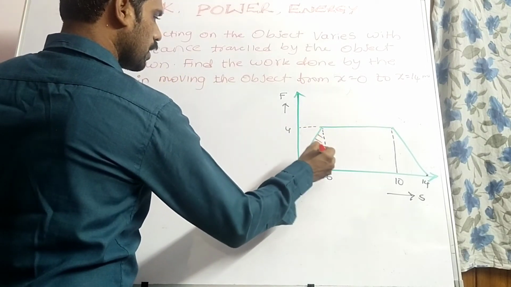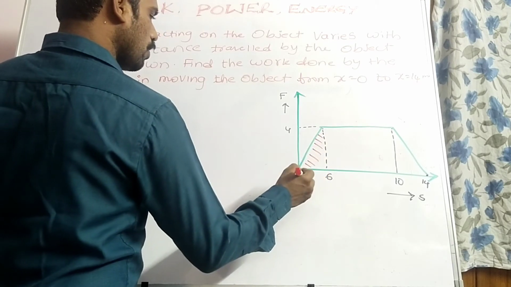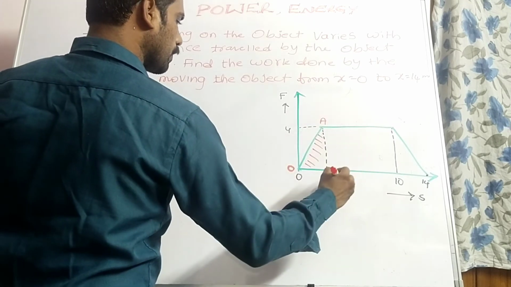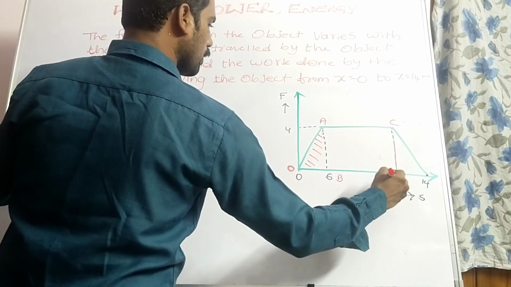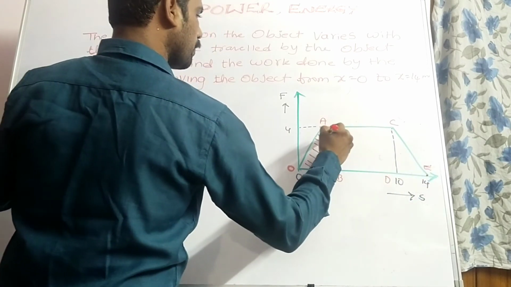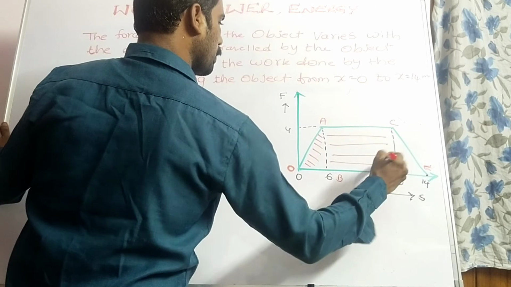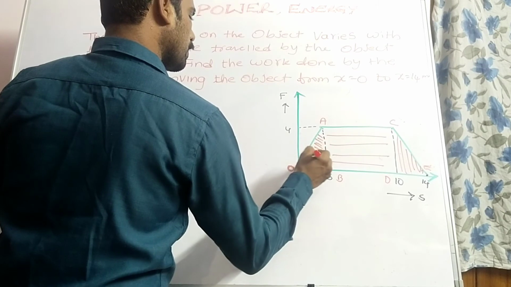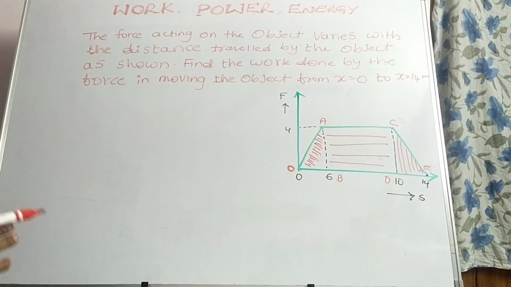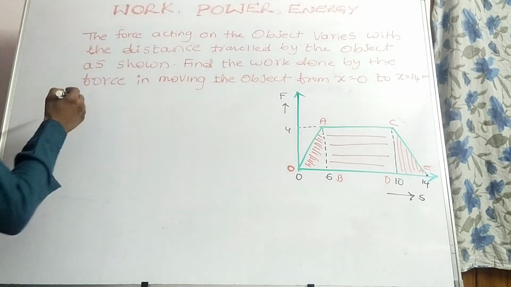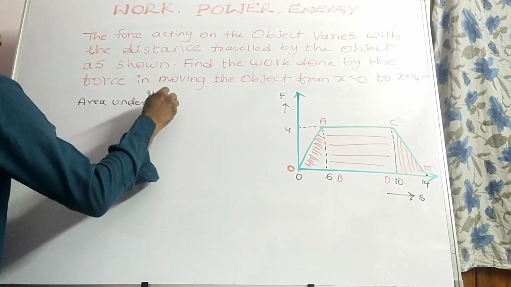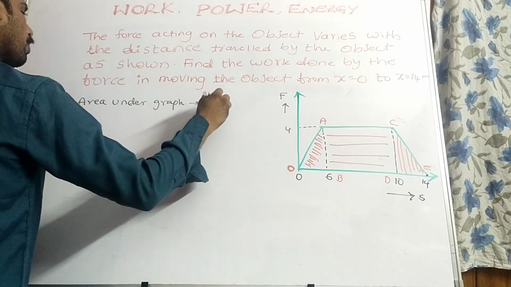Here we have a triangle. Let us consider this as O, A, B, C, D, E. Here we have divided the given graph into 3 portions, so that the area under the graph gives the work done.